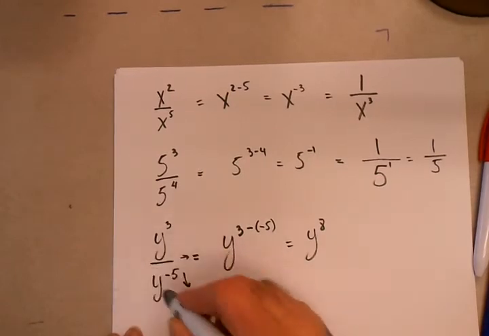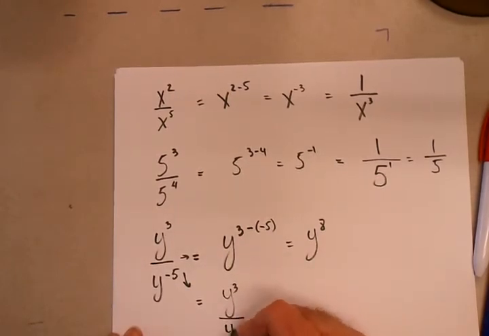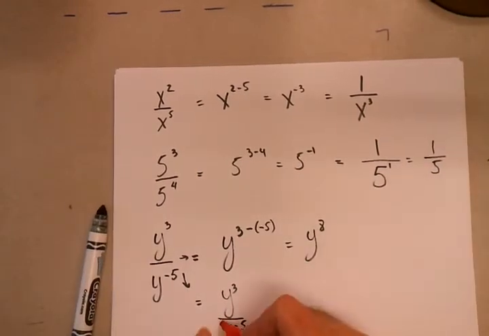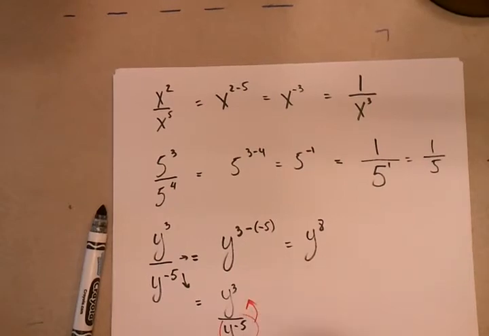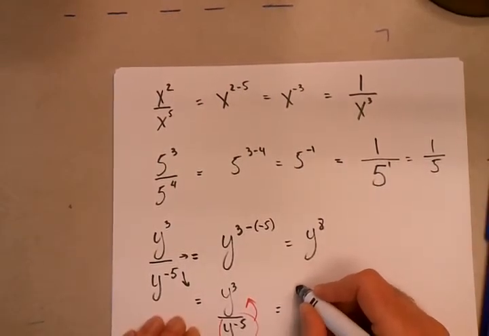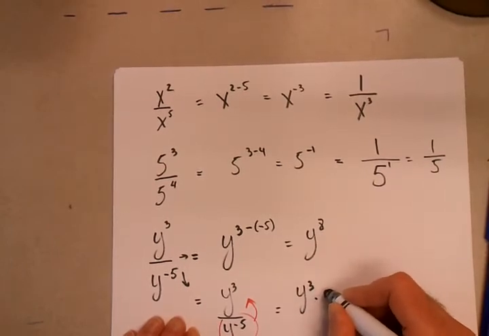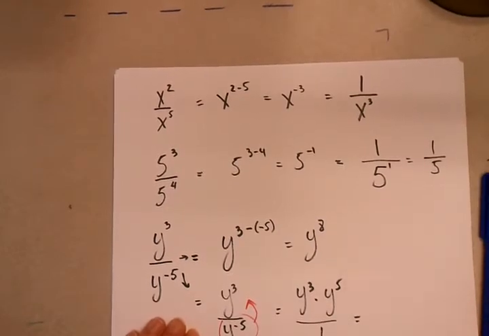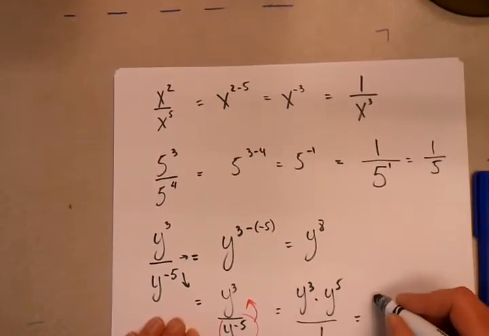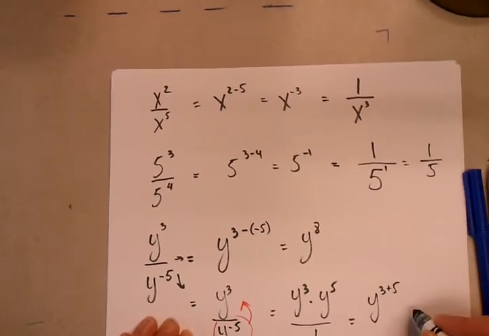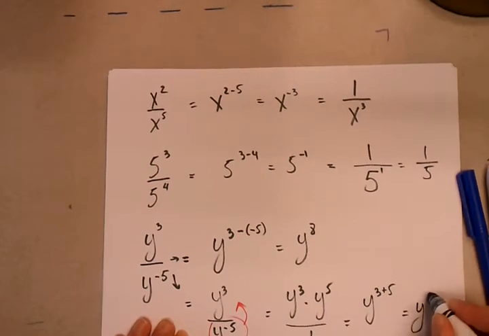You could have flipped this up to the top right here, and when you do that, you would get this, and nothing on the bottom. And now it's a product of powers where you add your exponents, which is y, 3 plus 5, which of course equals y to the 8th power.